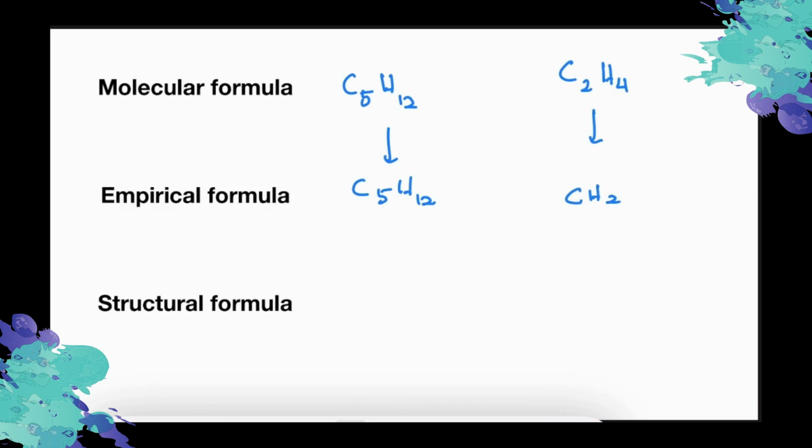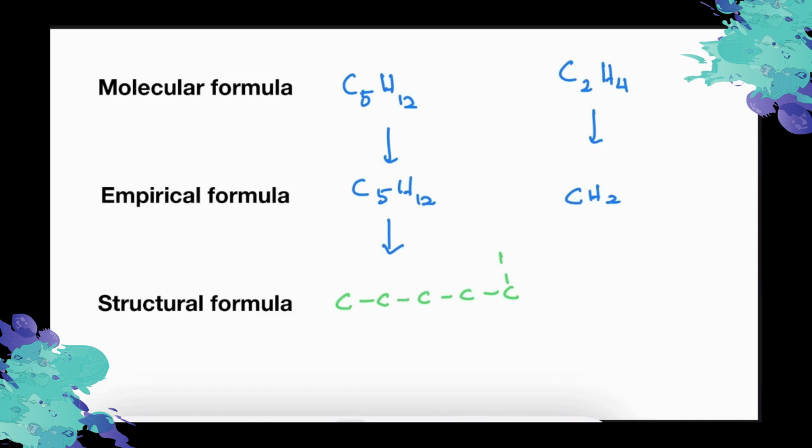If we still discuss pentane, the structural formula is the actual arrangement of atoms in a molecule. So we can draw the structural formula like this. Let's say we draw 1, 2, 3, 4, 5.